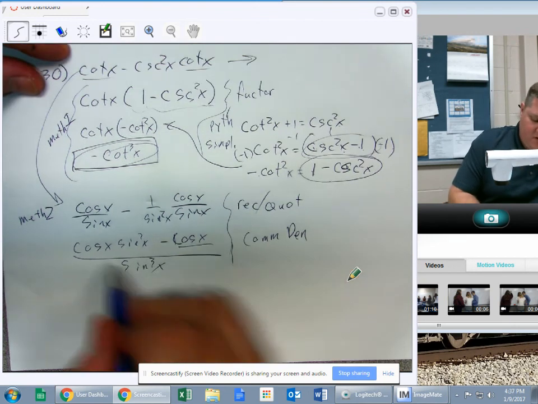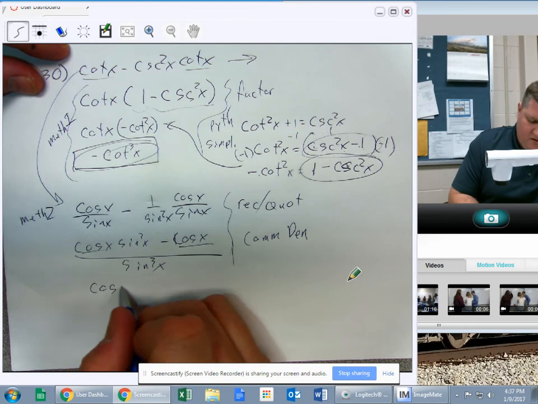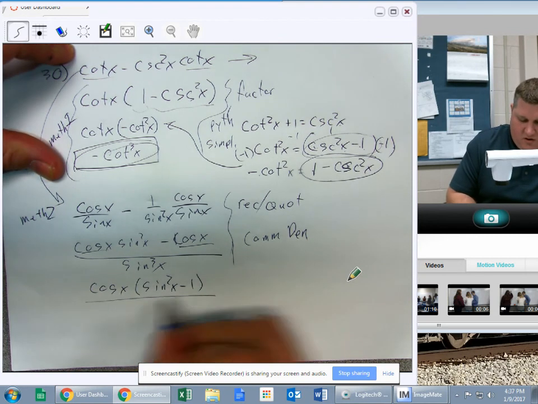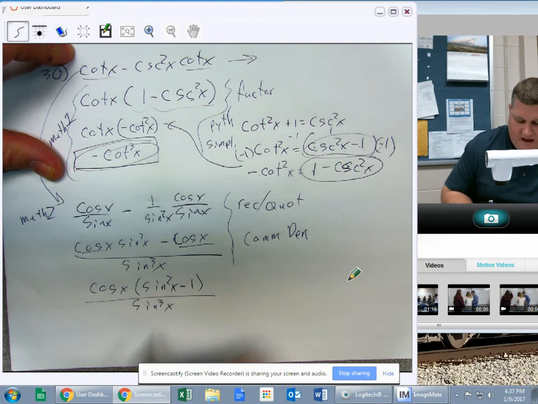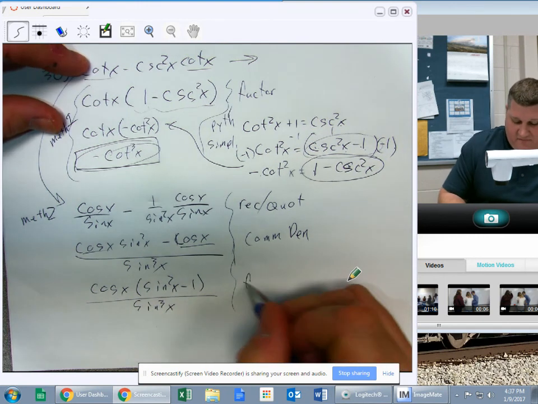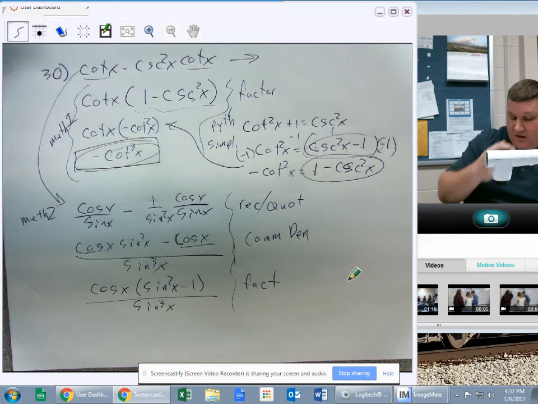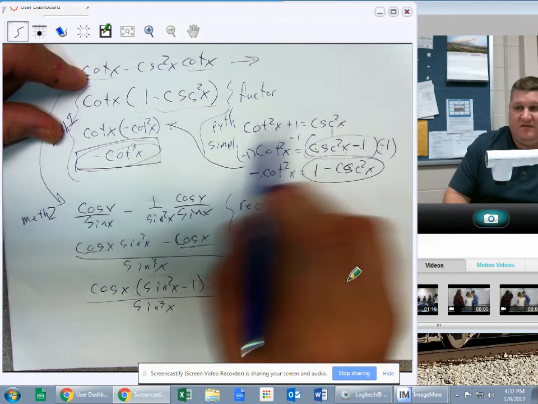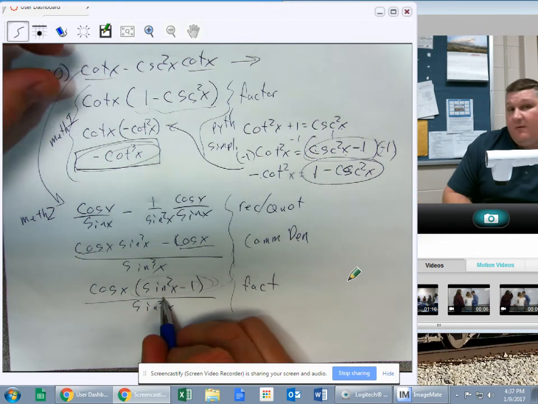Now, again, I have a cosine in each place factored out. Cosine x leaves sine squared x minus 1 all over sine cubed x. That is by factoring. Now, if you say, wait a minute, I recognize this better than I would have recognized this. Fine, but it's still backwards.